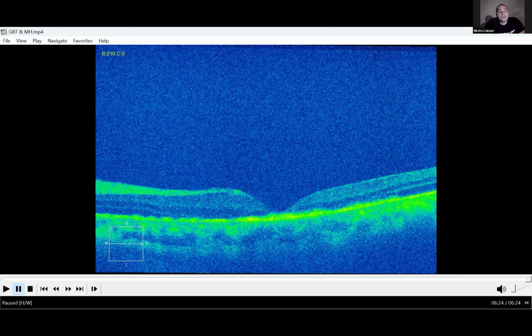However, I'm still not sure whether the inverted flap in this particular case did a better job than the conventional peeling technique would have. As we see here on OCT, it's a V-shaped closure. Of course, we are not happy with this type of closure because we are missing most of the photoreceptors from the center. That is why the best corrected visual acuity is not that good.